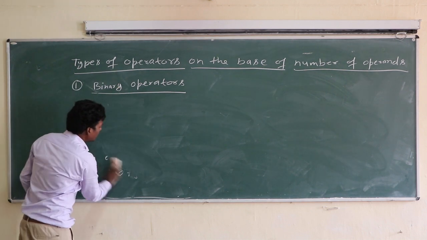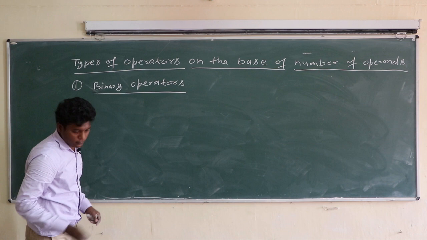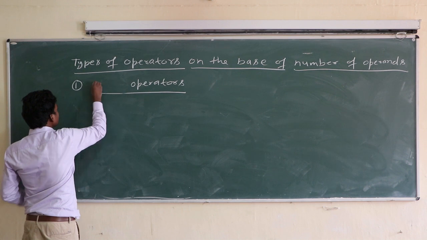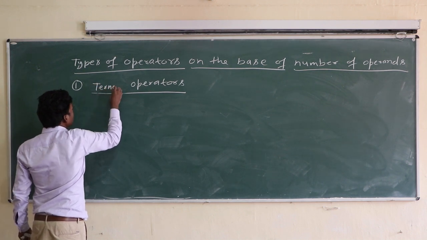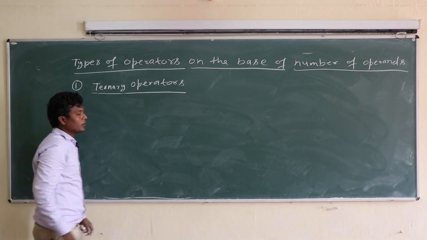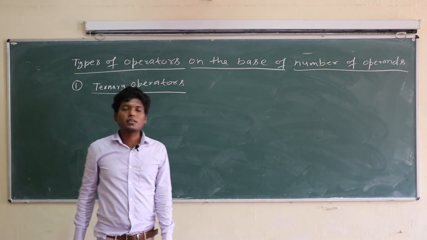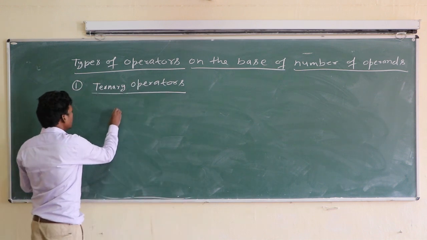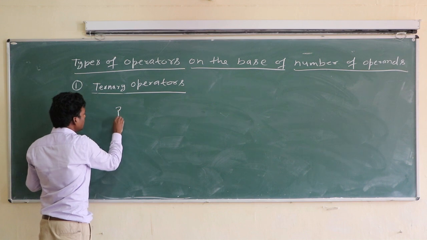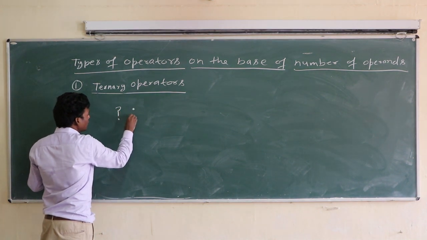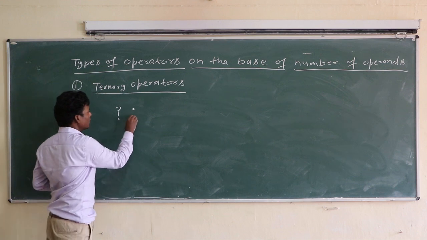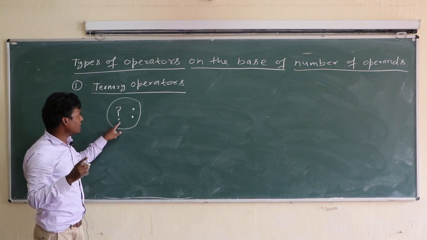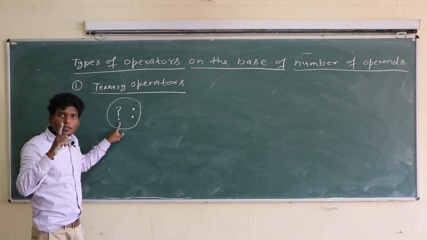Now ternary operator. Ternary operators are those operators who work with three operands. Example, this. This is the ternary operator. These two characters make a single operator, that is the ternary operator.